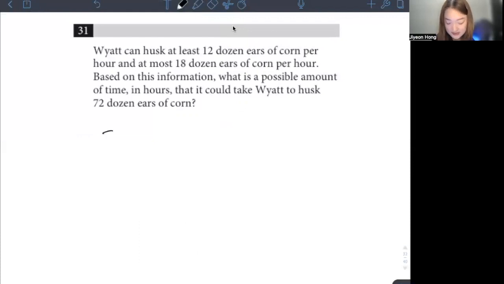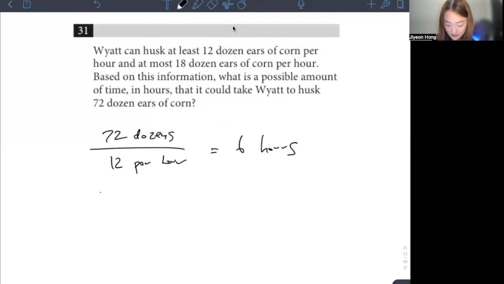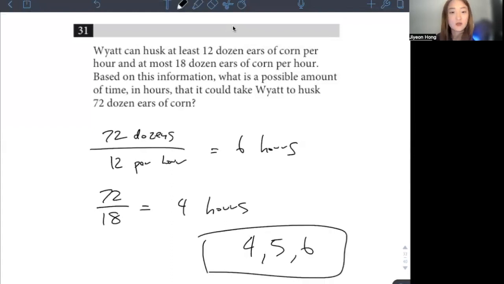So it could take 72 dozen divided by 12 per hour, so it could take 6 hours. And then it could also take 4 hours. Okay, very simple question. The answer can be 4, it can be 5, it can be 6, right? Any value between 4 and 6 inclusive would be the answer to this question.